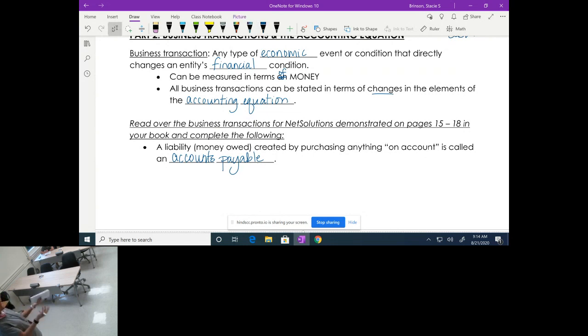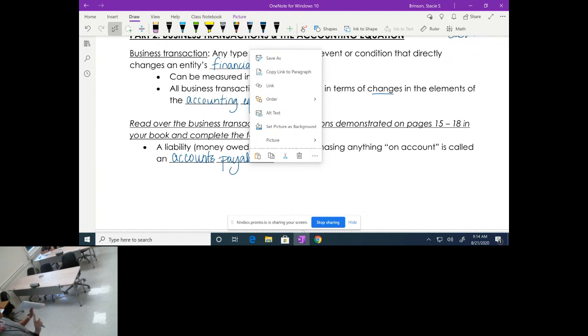I got something and I owe. You're also going to learn accounts receivable. Payable means you have to pay someone, or the business has to pay someone. Receivable means you will receive something as a business.